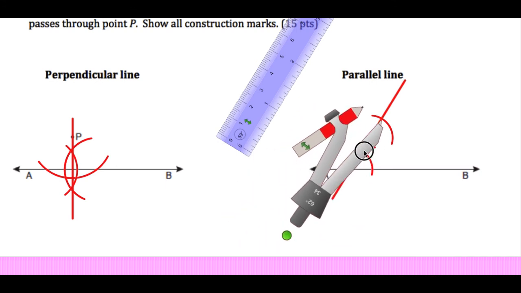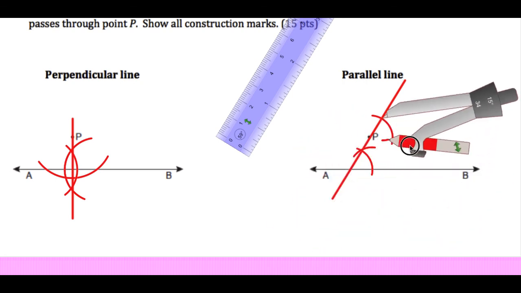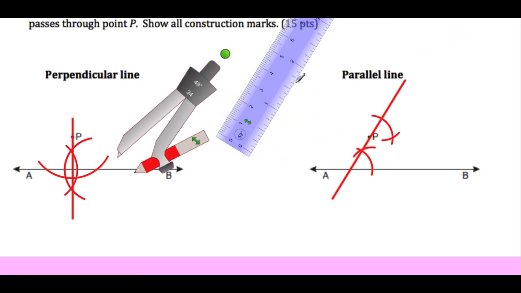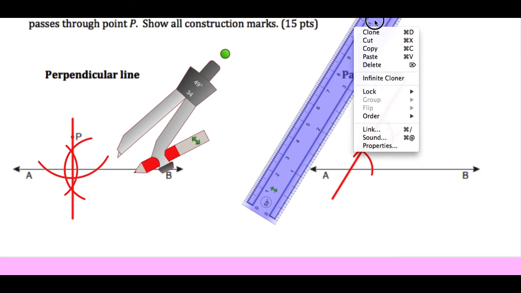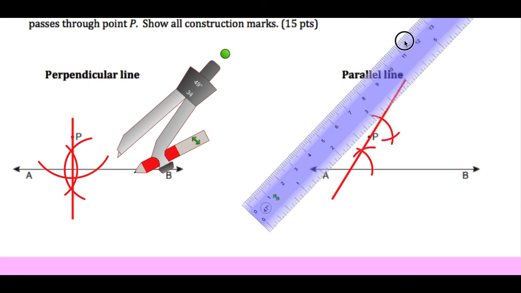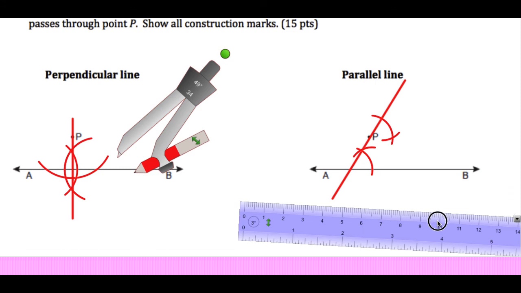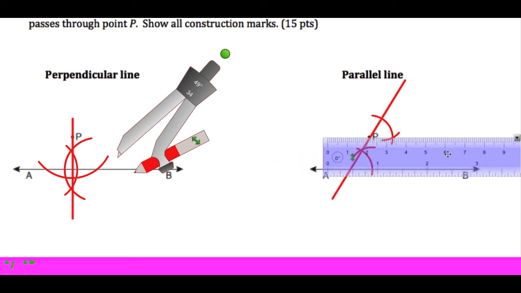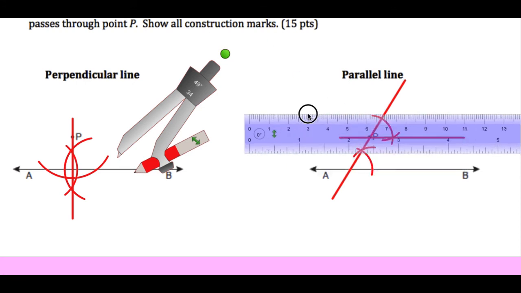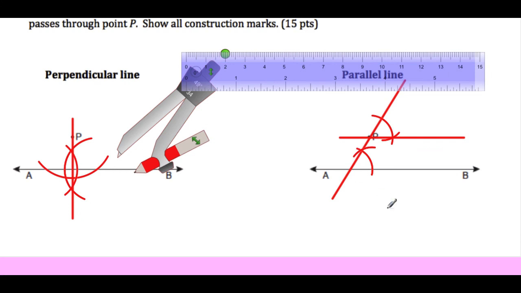And I want you to go to the intersection. And then copy the arc. Now then all you have to do is simply connect the point P and then the intersection. And voila, we're done. We constructed the parallel lines.